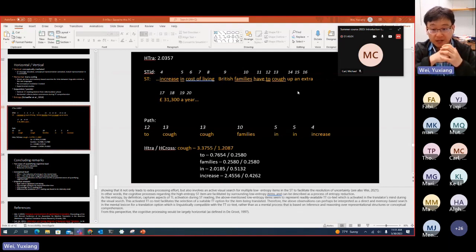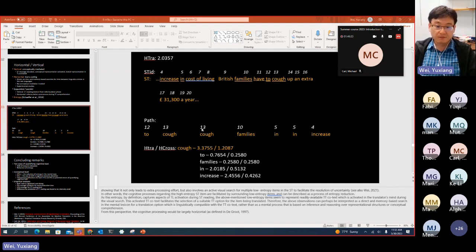From that perspective, I think these observations can perhaps be interpreted as a direct memory-based search in the mental lexicon for a translation option which is linguistically compatible with a TT co-text, rather than a mental process which is based on inference and reasoning over representational structures, or as we say, in the vertical process, over conceptual comprehension.